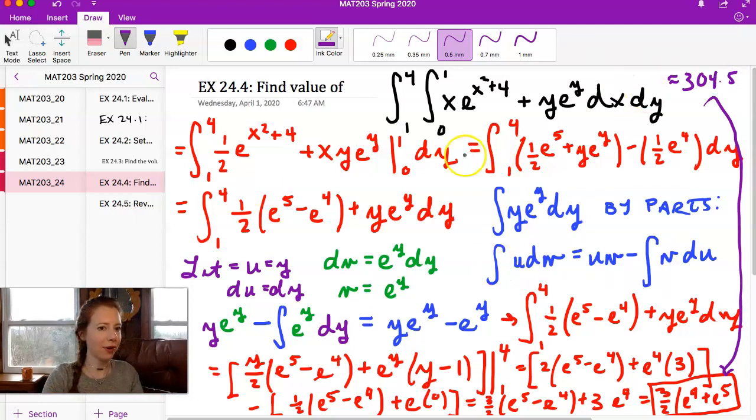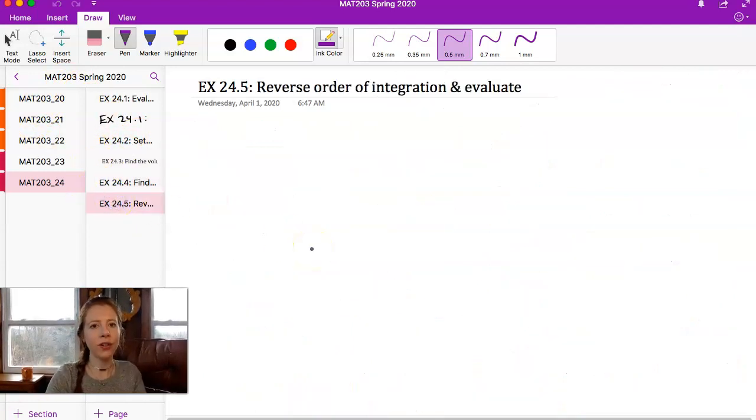All right. We have one more to go through together. So let's look at this one. We're going to reverse the order of integration and evaluate the following.